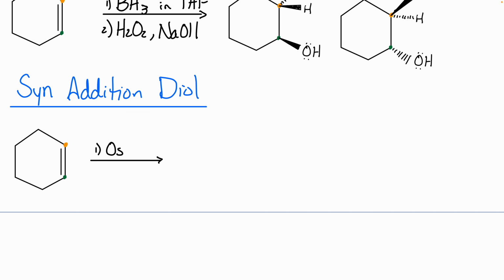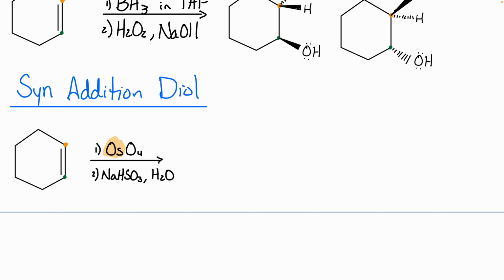This uses osmium tetroxide, followed by sodium hydrosulfite and water. Again, if I'm going to latch on to anything that jumps out at me, we do not see osmium very often at all. So that's just something little that I can latch on to help me recognize this particular one.